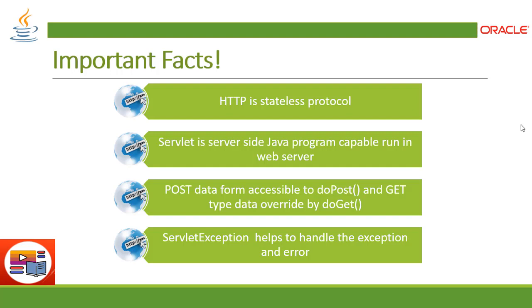So let's see about important facts now. HTTP is a stateless protocol. That means once you create an instance of a request or response, you process it with the help of the service method, and you destroy it, the state is closed. Now you cannot come back or revert to the previous state.